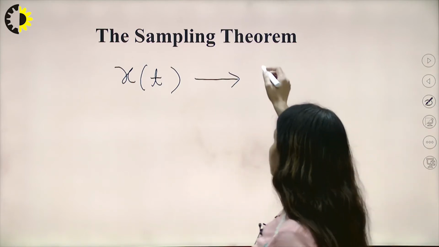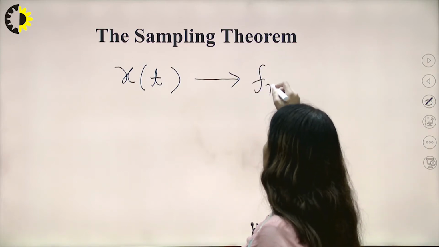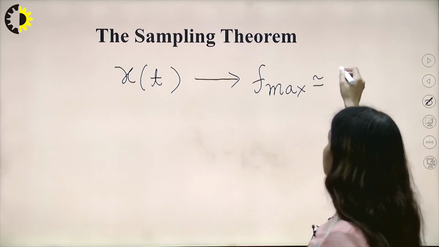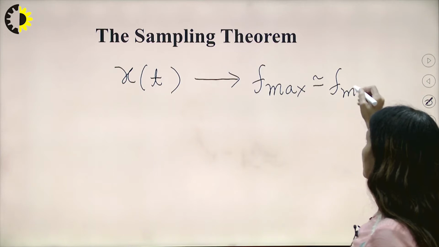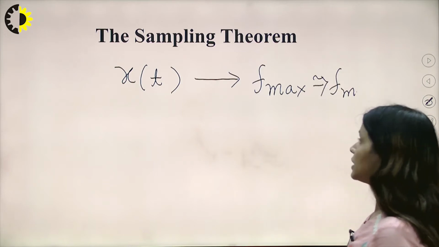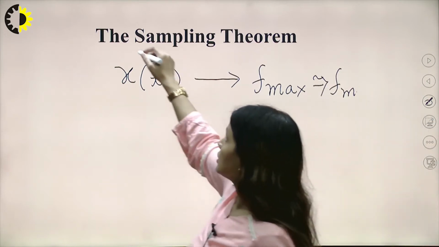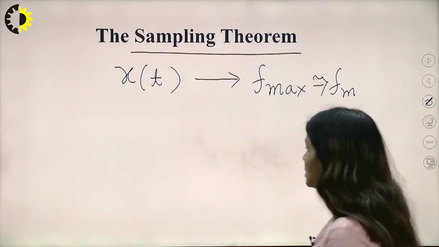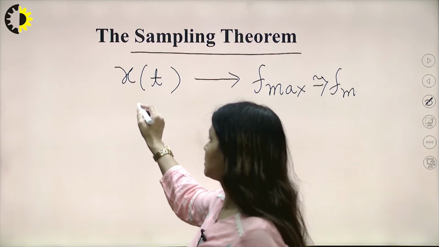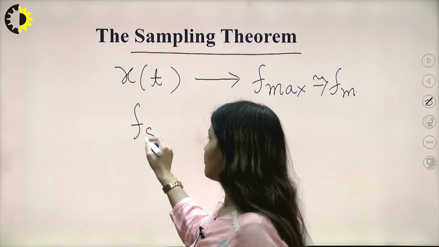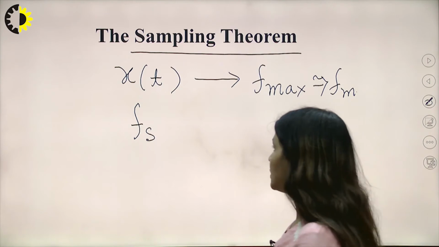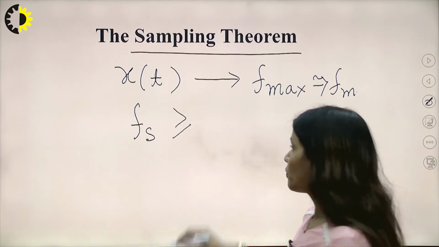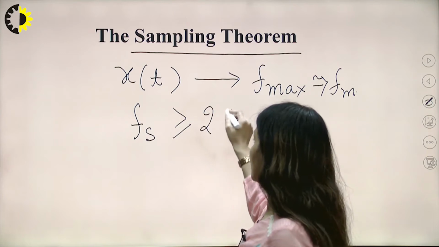But the highest frequency component is f max, or we can call it fm. So we can say the sampling theorem states that the sampling rate fs must be greater than or equal to twice of fm.